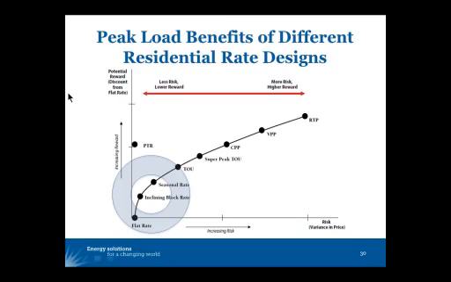An elasticity of minus 0.2 means that a 1% change in price is expected to produce a 0.2% reduction in consumption. Elasticity studies show elasticities between minus 0.1 and minus 0.7 depending on what type of use they're measuring and over what period of time.